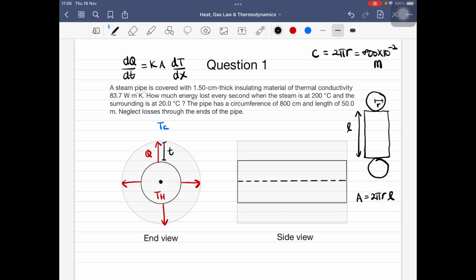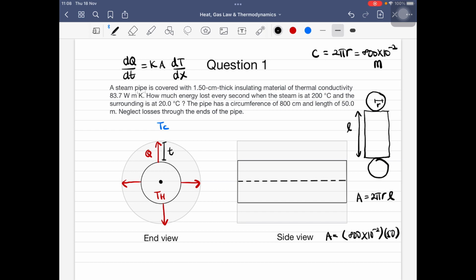So I can substitute the area: 2 pi r is equal to 800 times 10 to the power of negative 2, and the length is equal to 50 meter. Now we have all the info, so we can move to the next slide to calculate the energy loss every second for question number 1.